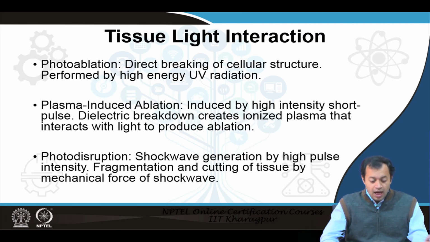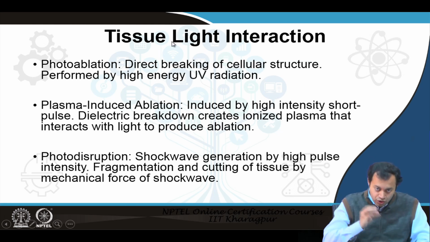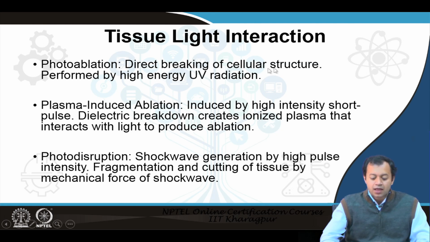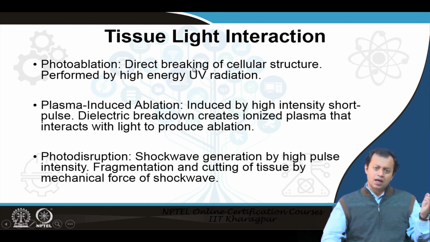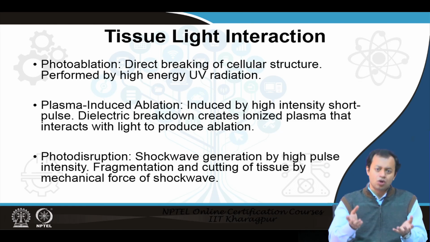Okay. The other effect that happens by light falling onto tissue is photoablation. Here there is a direct breaking of cellular structure performed by high energy UV radiation. This shows a similar effect to that of the thermal effect. But remember, the main difference is that in the previous case light got converted into heat and that heat caused the problem.